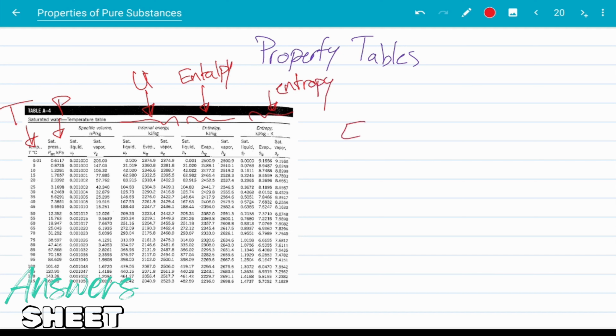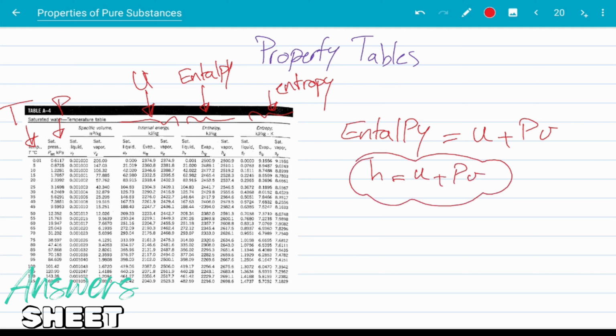So enthalpy is internal energy plus pressure times specific volume. We show it with h, and this is the equation for it. Now, we'll talk about enthalpy in future videos, but enthalpy usually shows up when dealing with control volumes and situations where a fluid is flowing in and out of a system.